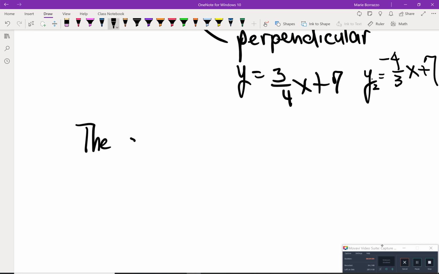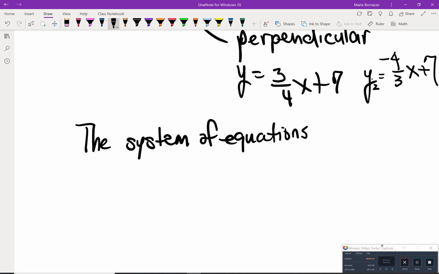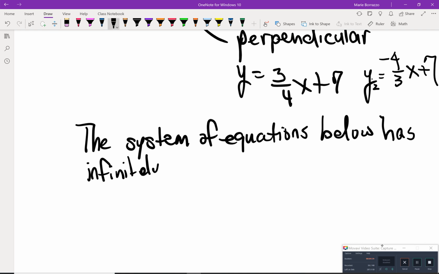So this one says the system of equations below has infinitely many solutions.